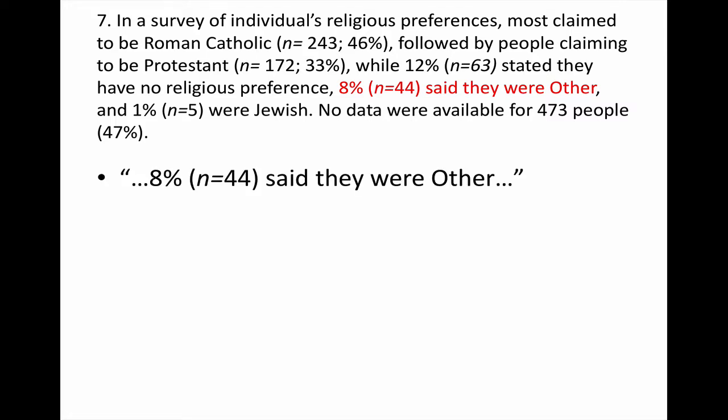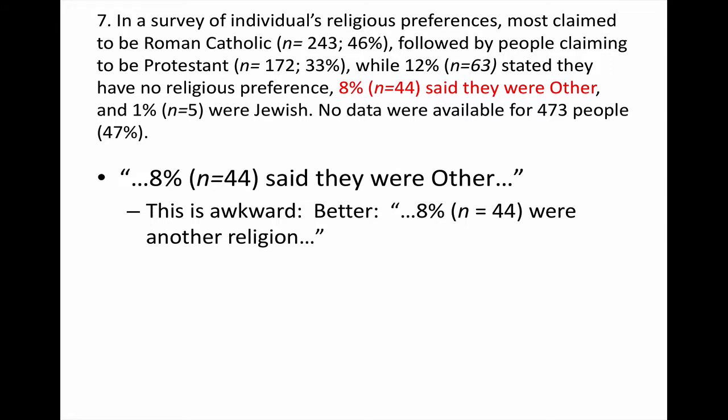8% said they were other. That's really awkward. Better, 8% were another religion. Now that's people getting hung up on the actual answer was other, so that's what they report. But saying 8% were other is just weird. 8% were another religion, practiced another religion.